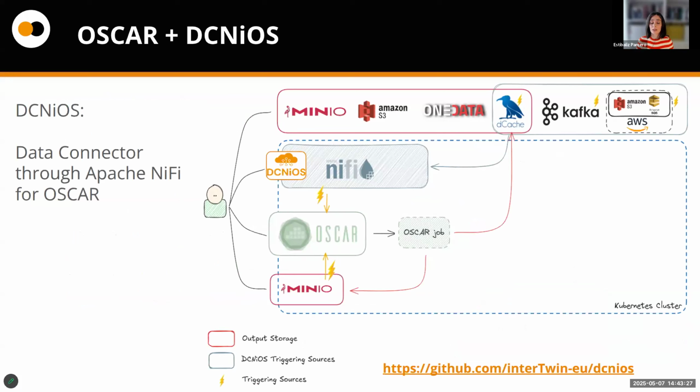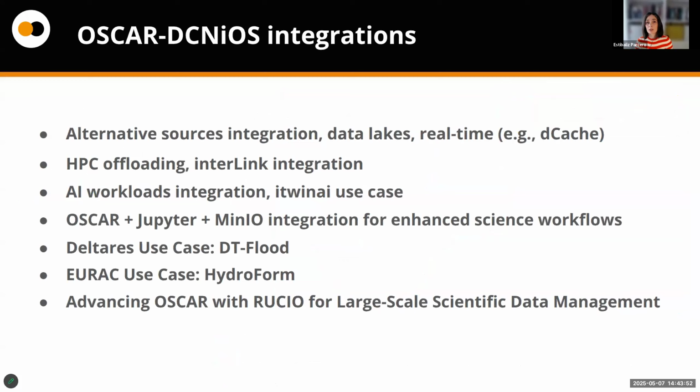You can create these Apache NiFi data flows that are going to allow Oscar to be invoked by some other data storage solutions like Dcache, Kafka, or Amazon S3. And here is a list of the integrations that we perform through the interTwin project.